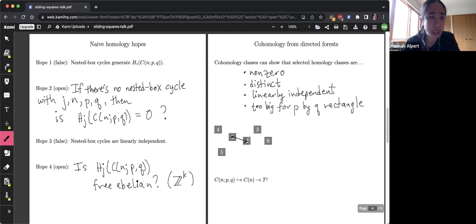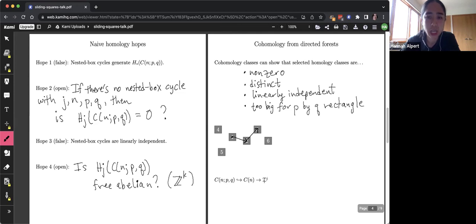I could also keep drawing more arrows, like I could keep track of the vector from box 2 to box 3 at the same time. Keeping track of both of those gives me a map from configurations to a 2-dimensional torus. So that's what I have down here.